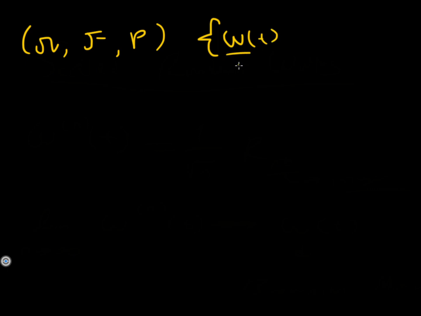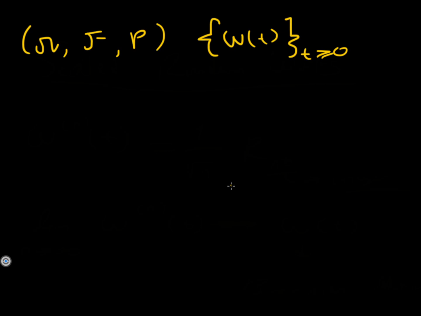Now, a Brownian motion. A Brownian motion is a stochastic process. Let's give ourselves a space, sigma algebra, and measure, yeah? So, a Brownian motion, generally denoted using a W, with t bigger than or equal to 0, is called a Brownian motion for any time points between, say, 0 and big T, right?